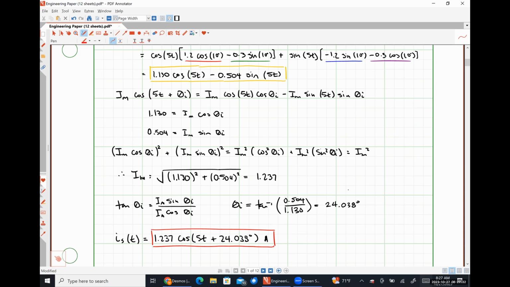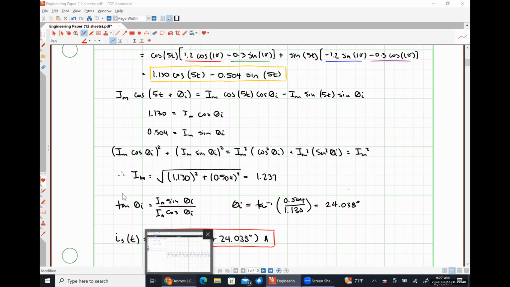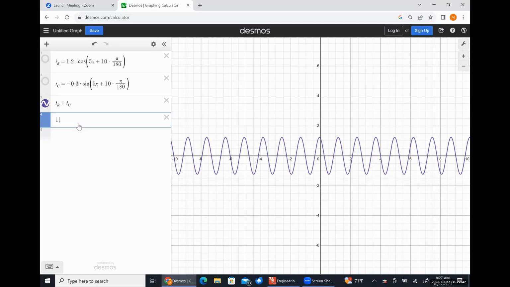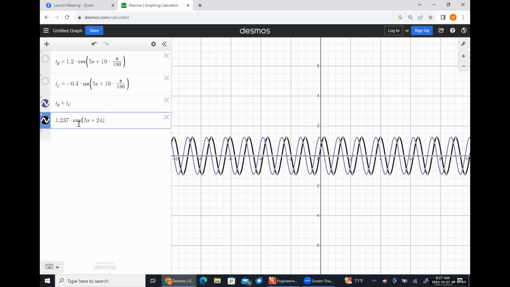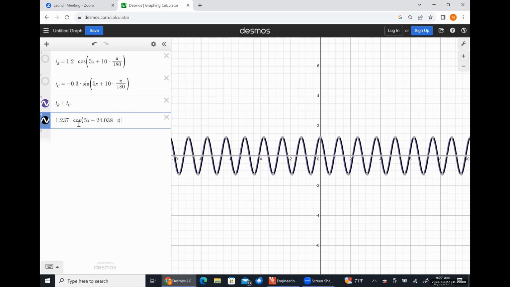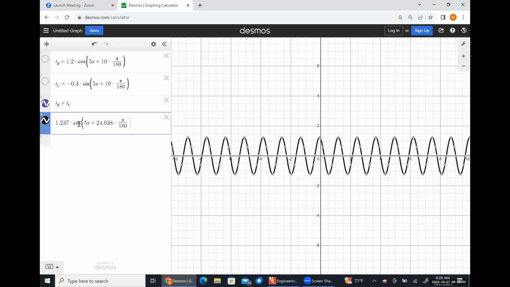So now, let's go back to Desmos and make sure that we did this correctly. 1.237 times cosine of 5x plus 24.038 times pi over 180.